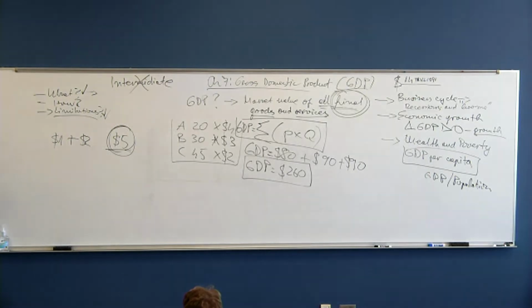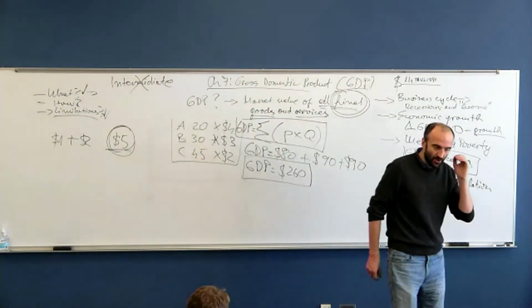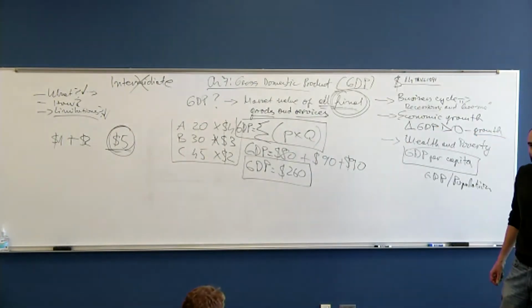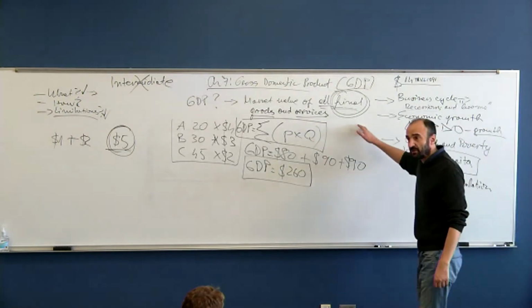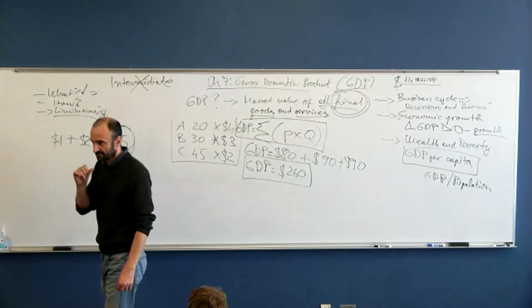So the problem with the black market is that you don't register a significant part of the economy. Depending on the size of the black market, this underestimate would be larger or smaller.